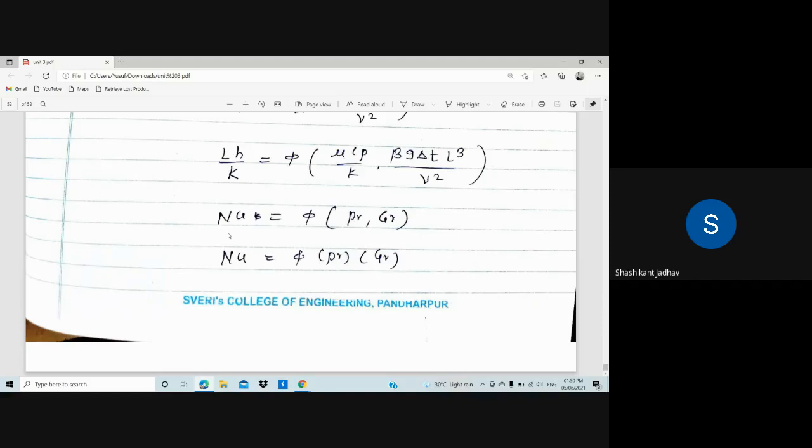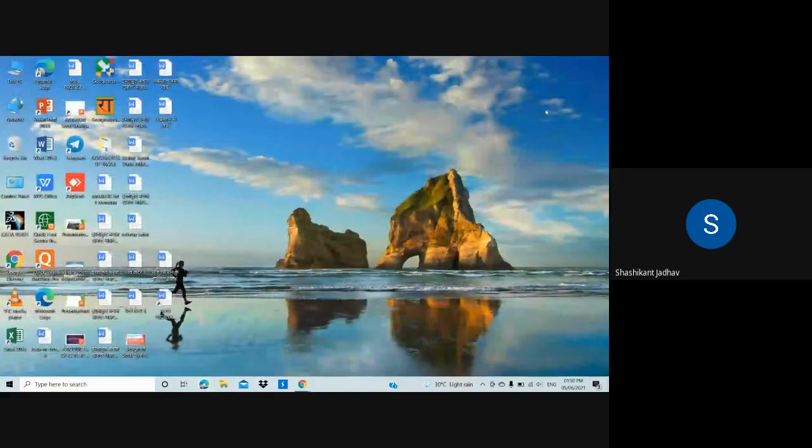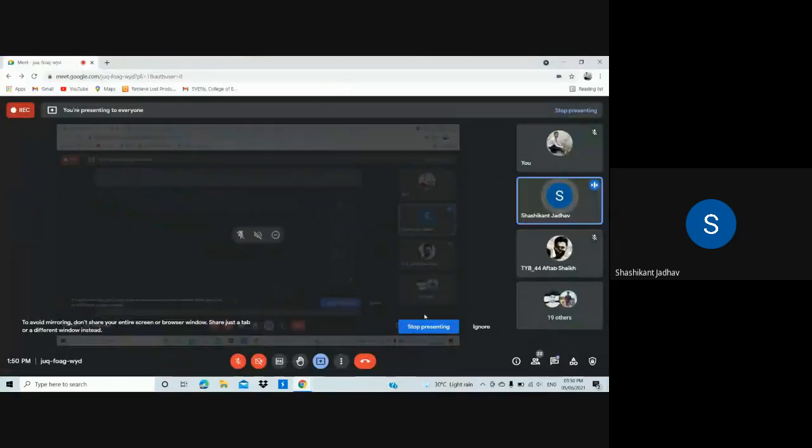Okay, so here we have completed unit number 4, that is convection. Unit number 4 means here we have completed our whole heat transfer syllabus. Here our heat transfer syllabus is finished. In total we have 6 topics. In the first section there are 3 topics, in the second section there are 3 topics. In the first section, the first is conduction, the second is extended surface, and the third is radiation.